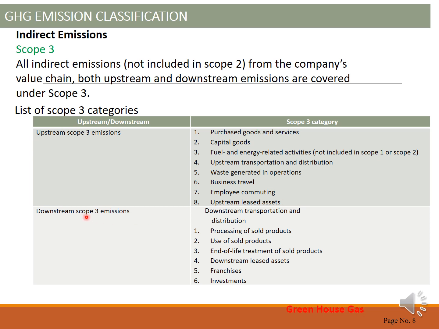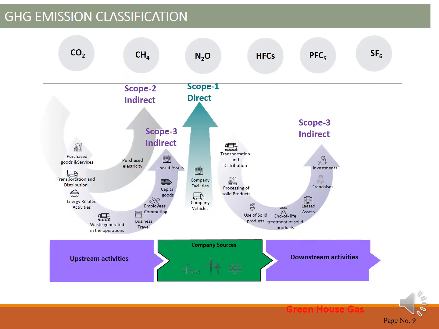And downstream Scope 3 emissions: processing of sold products, use of sold products, end of life treatment of sold products, downstream leased assets, franchises, and investments.